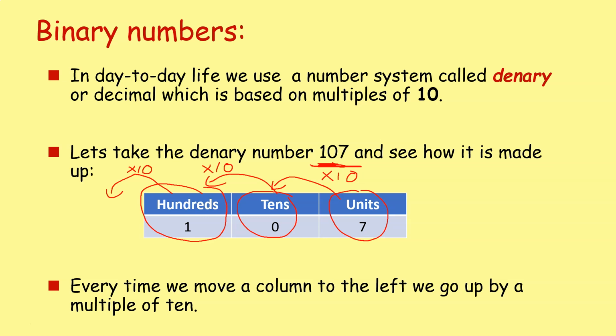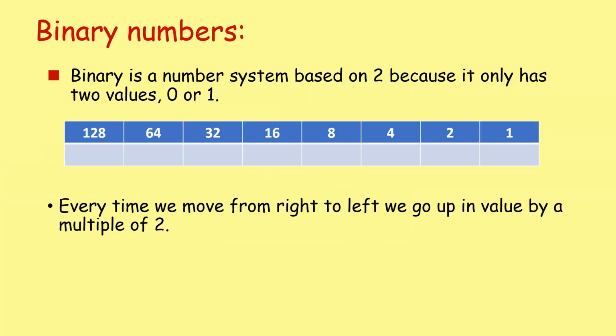Binary is a number system based on 2 rather than 10, because binary only has 2 values, as we've discussed, 0 and 1. This time, every time we move from right to left, we go up in value by a multiple of 2. So we start with 1 as the smallest value. If we jump one column over, it doubles in size. We have 2s.